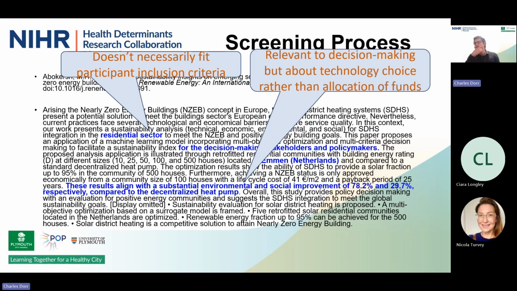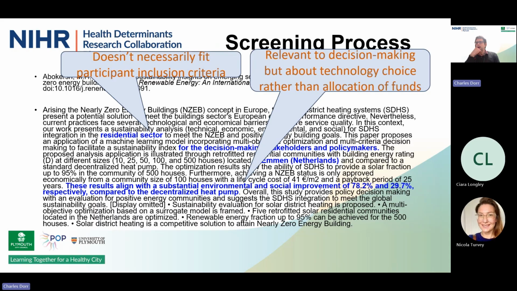It's relevant to the decision making around the technology choice, but it's not around the allocation of funding. So there's a lot here around influencing the decision making of stakeholders and policymakers, and they've looked at the potential improvements delivered by this intervention compared to the alternative, which in this case is decentralized heat pumps.